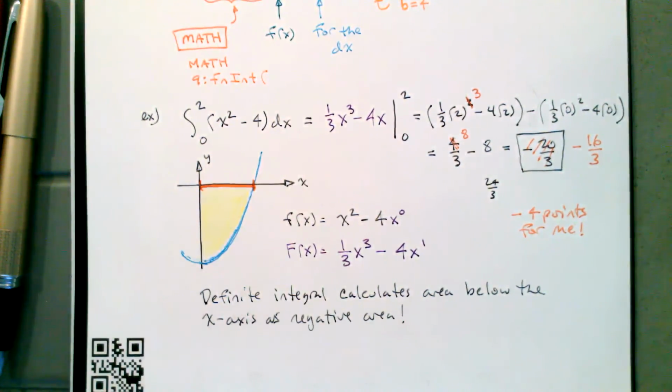The definite integral calculates area below the x-axis as negative area.